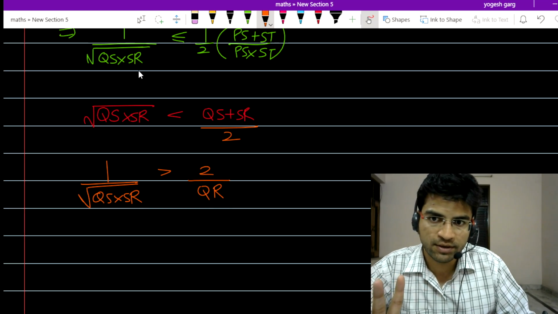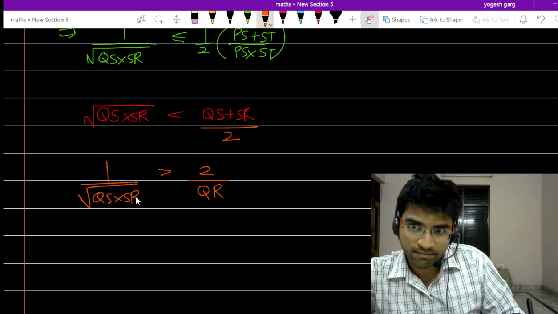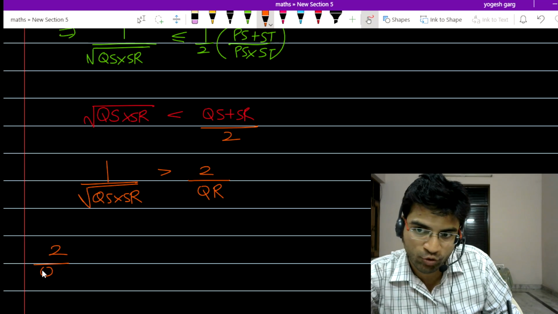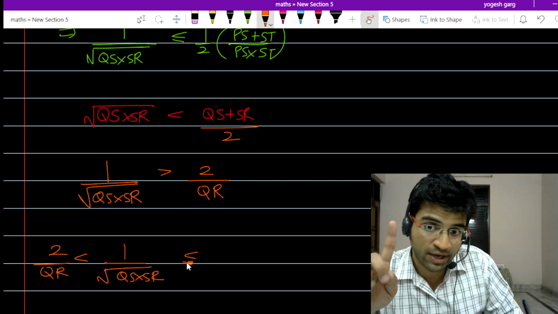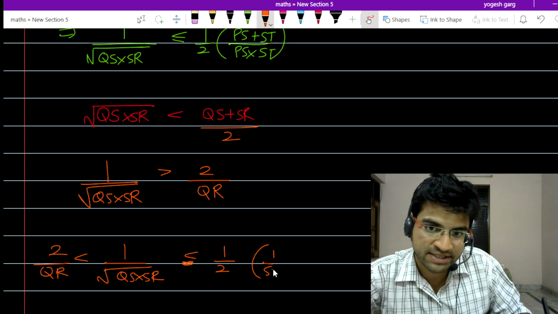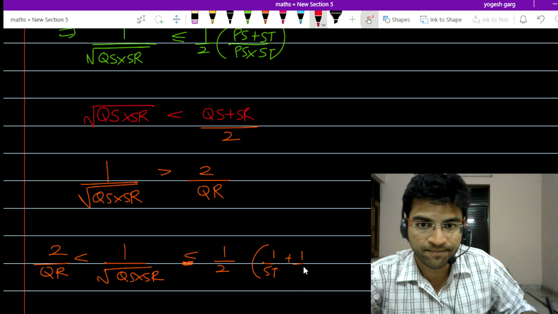Replace it over here, right? Now you see this is greater than 2 by QR, so 2 by QR will be less than this 1 by root QS into SR. So this will be the total inequality: 2 by QR is less than 1 by root QS into SR, which is in turn less than half of 1 by ST plus 1 by PS. Our job is done over here.